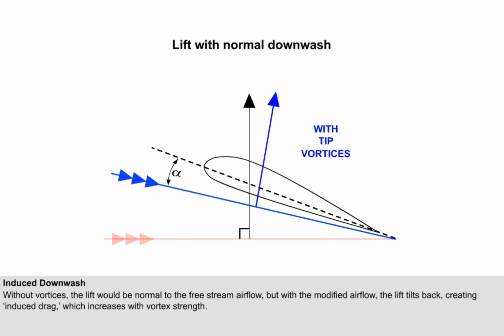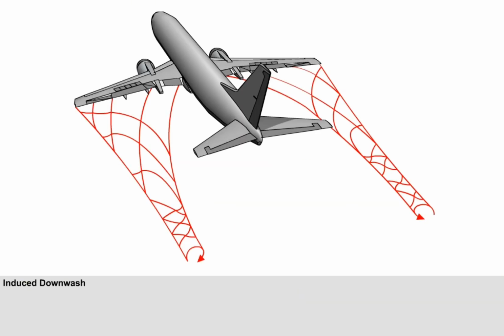The stronger the vortices are, the greater is the induced drag. Wingtip vortices, in particular their influence on upwash and downwash, have significant effect on several important areas of aerodynamics, stability and control. Some of these effects will be examined in the following lessons.